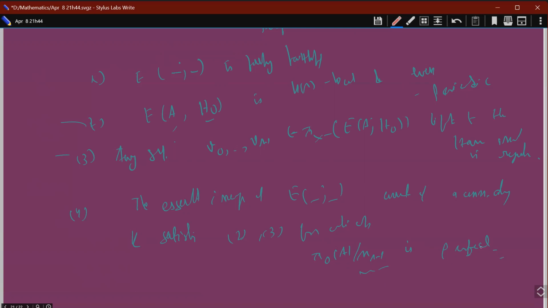There are a few more properties also which are listed in the paper. But these are the ones that I have in my mind.